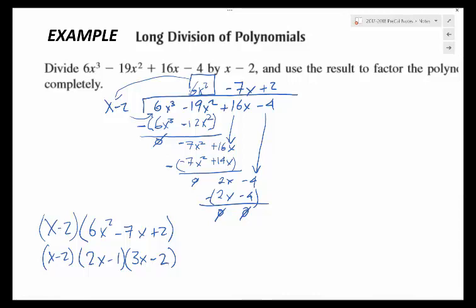Now what we're going to teach you today is that you could end up using this method to also test factors when you have higher order polynomials to factor them out.